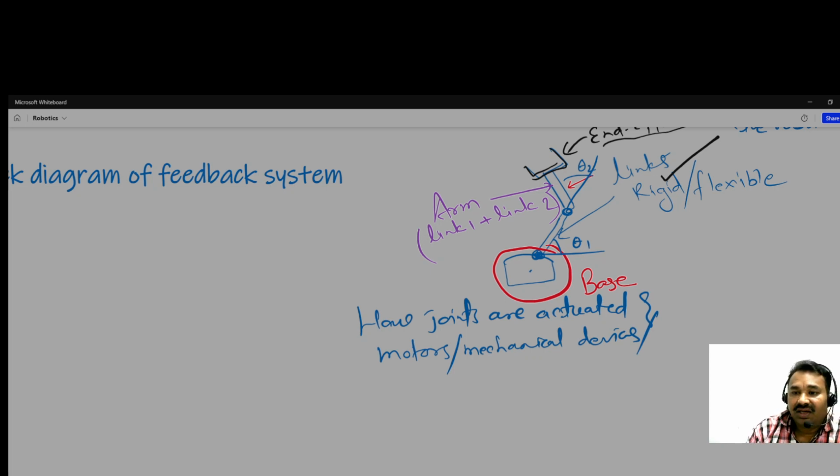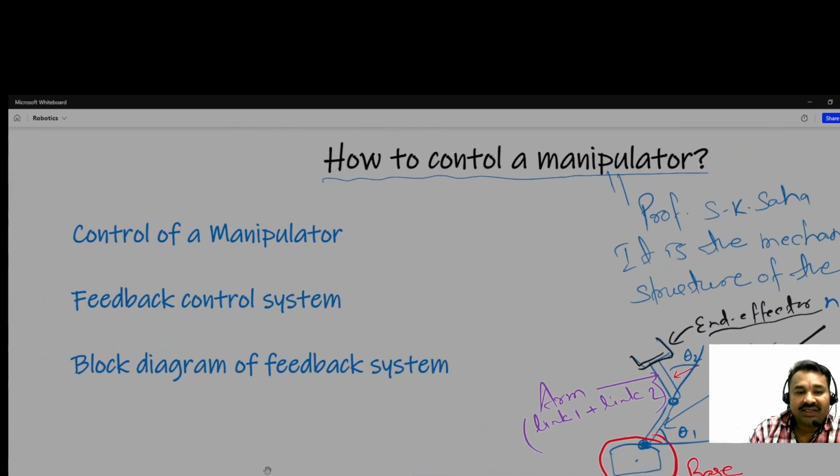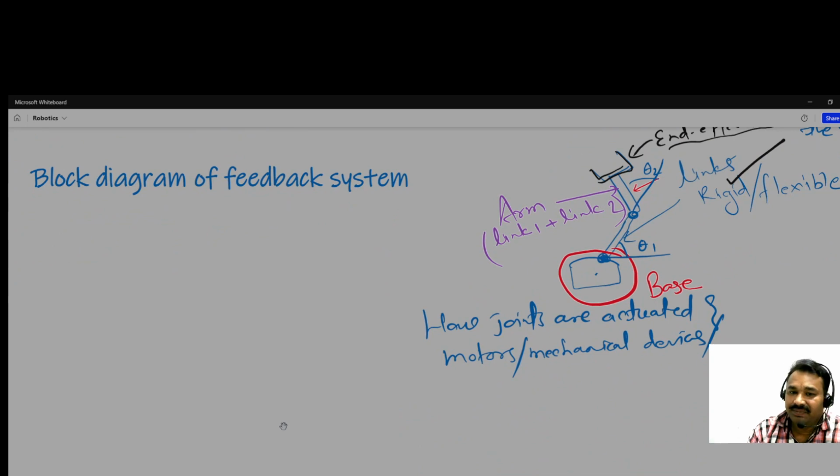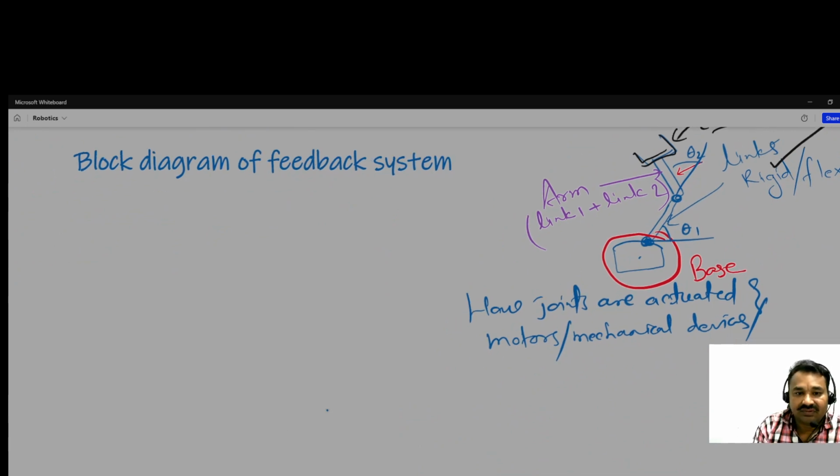Now our question is, will the robot behave the same as we expect? Suppose the robot has to perform multiple weldings, like arc weldings.